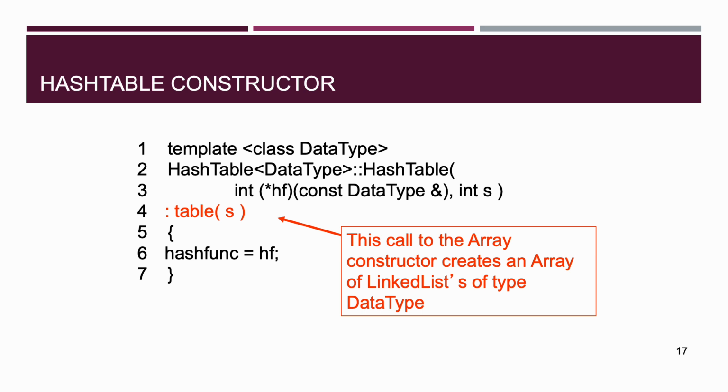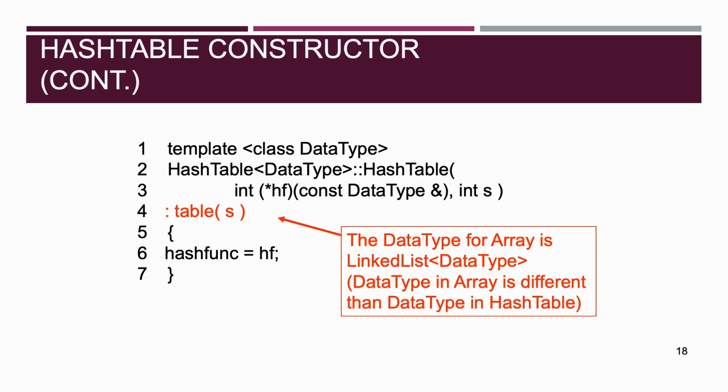In the constructor body, we assign hf to our hash function pointer. It says hash function equal to hf. This line connects the client's custom hash function to our hash table class, enabling the hash table to use the client-defined hashing logic. Now, by passing the hash function and table size as parameters, this constructor offers both flexibility and control, allowing the client to tailor the hash table to their specific requirements.